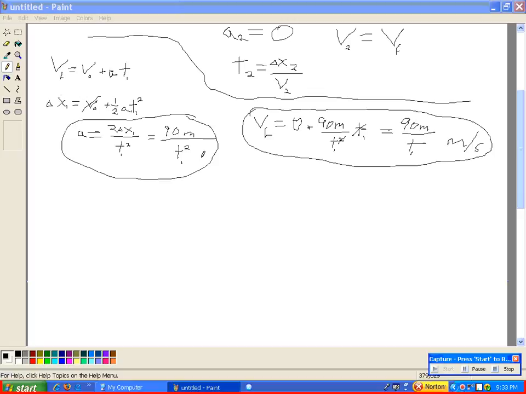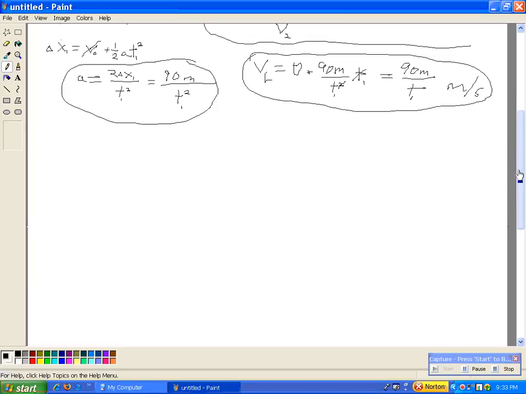Okay, so we found the final velocity, 90 meters over time 1, and we found the acceleration, 90 meters over t1 squared, but we don't know t1. That's the next step.